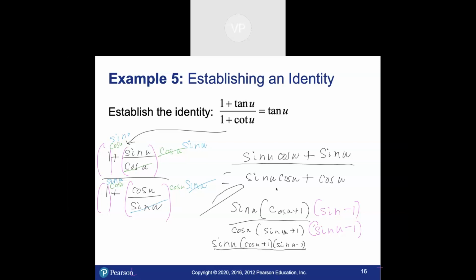I'm trying not to give you the worst problem to start, but this may not be a good example here. Okay, so I'm just leaving that factored. On the bottom, the reason why I multiplied by the conjugate was I end up getting a sine square minus 1.